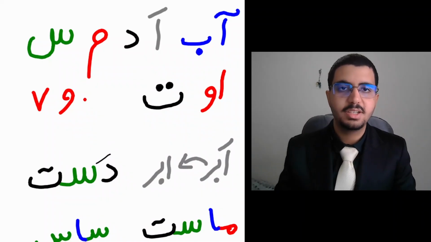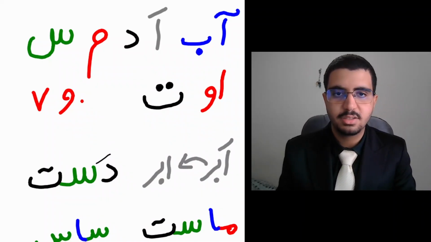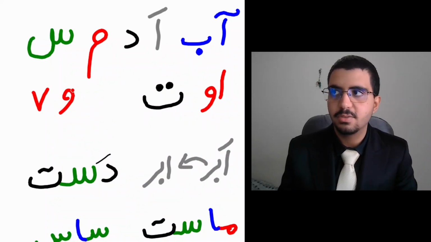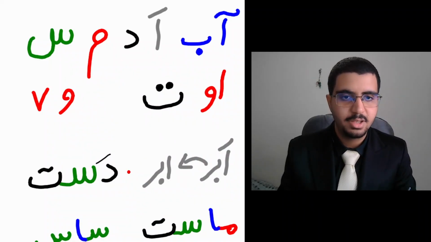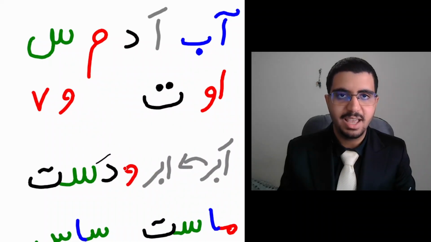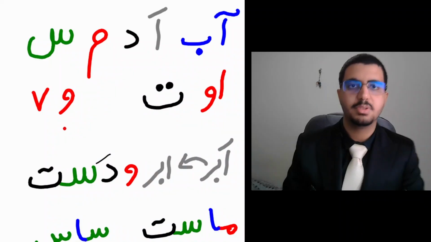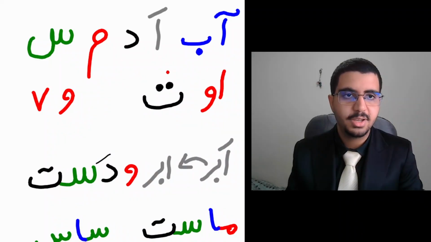But in most cases, when it is not used as a vowel, it sounds like a V. Just like when I say "abr va dast", cloud and hand. Remember, I say va, I mean "and". The "and" I said is va. So va is a particle that you use in between words. So far you have learned a, be, a, de, me, se, o, and te.